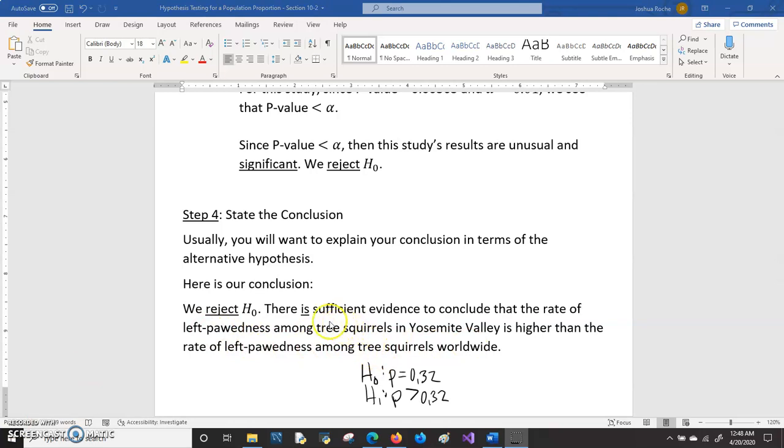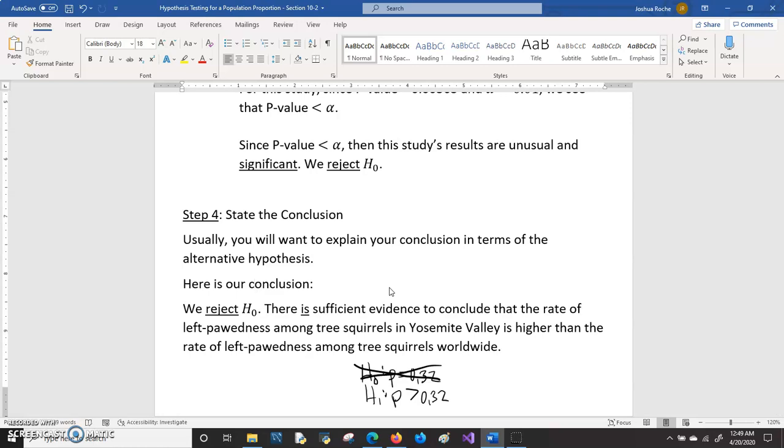And to clarify the connection between rejecting the null hypothesis and having this conclusion, I went ahead and wrote out our hypotheses here. We concluded from this p-value and from the other method that we would reject the null hypothesis because the results of our study are significant. When you reject the null hypothesis, that means that, in effect, you're ruling out that null hypothesis.